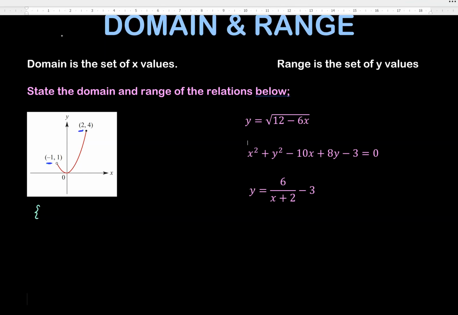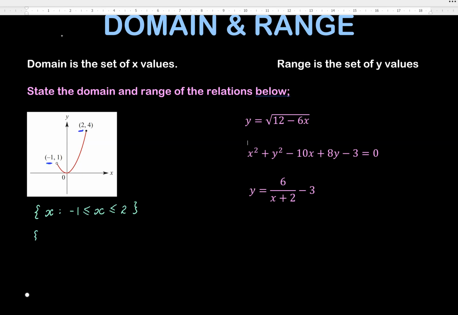So to write that, use your curly brackets. Okay, and we're between -1, I'll pop the 2 here. Now it's a closed dot at the 2, so it's less than or equal to 2, but it's a round dot at -1, so it's greater than or equal to -1.